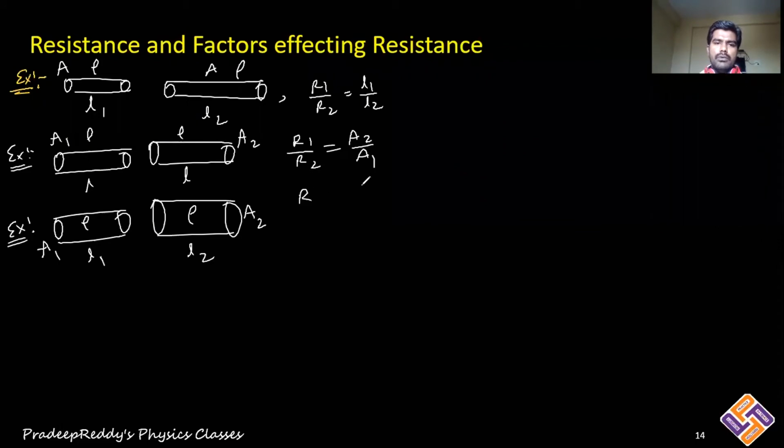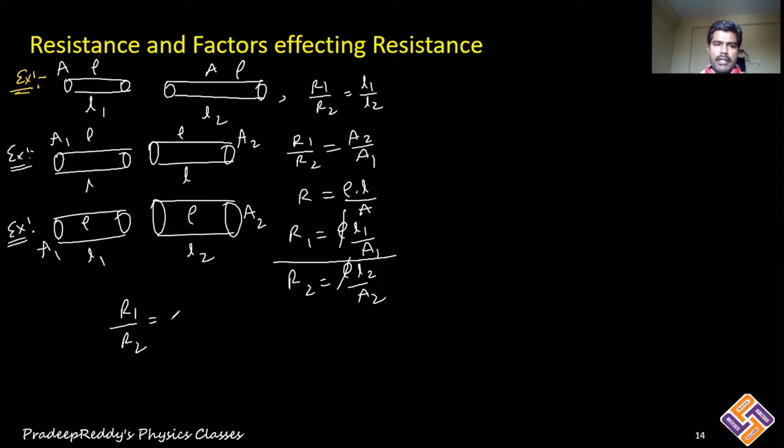R is equal to rho L divided by A. So resistance of the first conductor R1 is equal to rho L1 by A1. R2 is equal to rho L2 by A2. Take the ratio of these two. Rho and rho get cancelled. So how do you write this final expression? R1 by R2 is equal to L1 by A1 into A2 divided by L2.